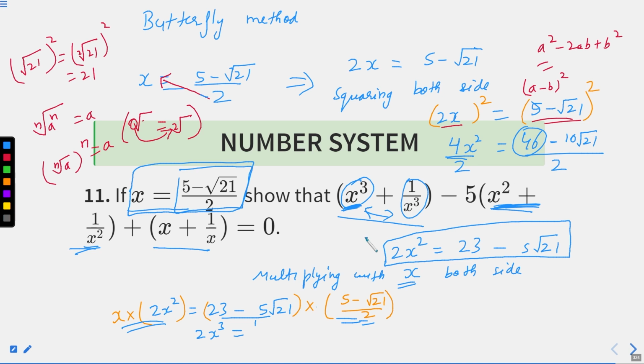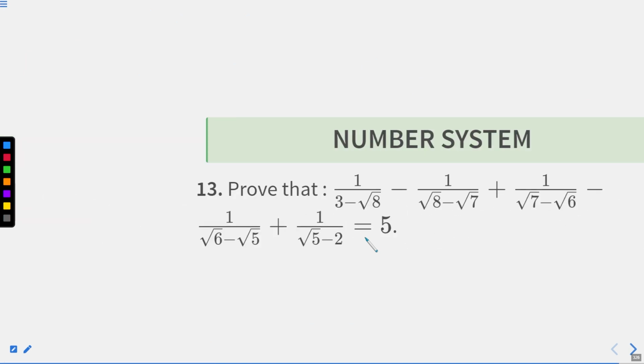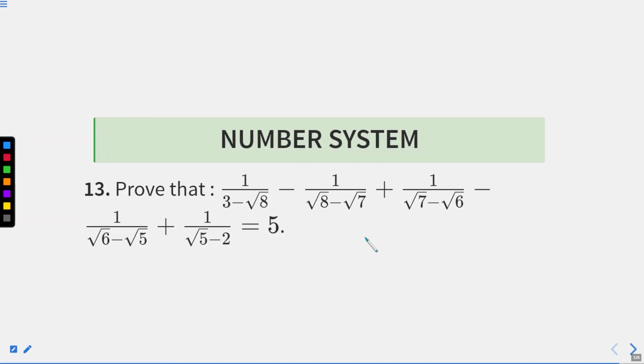So moving to next. It is also a question of proof. It is quite easy. I am just doing it half. You can easily solve afterwards.